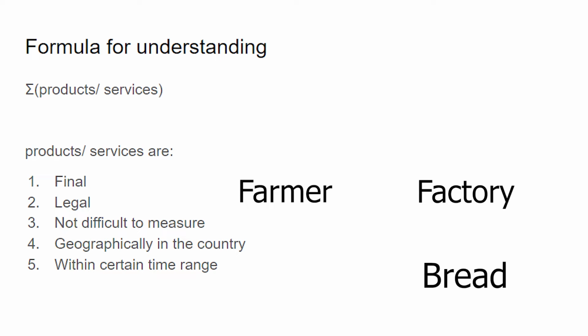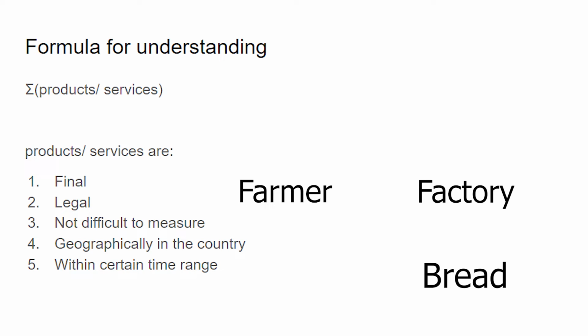This is income for the farmer but expenditure for the factory. But a few moments later, after they produce the bread, now it's the bread which is actually being sold and the buyers are buying the bread, and the bread is considered the final good.